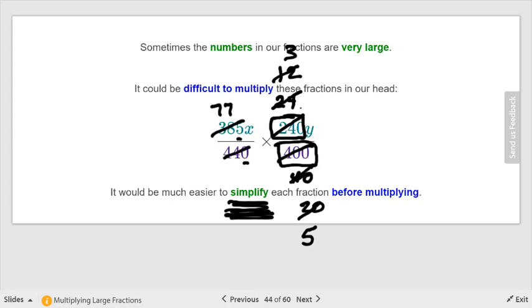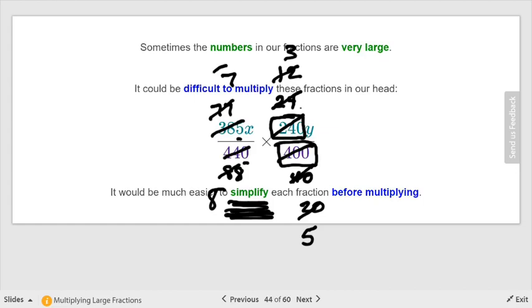And 440 divided by 5. Remember, whatever you divide the top by, you have to divide the bottom by the same thing. 88. 77 and 88 should ring a bell. 7 and 8? No, close. 11. Anytime you have doubles, that means 11, right? Sorry, 7 and 8 is what you get after dividing. So you were right there, but they would both divide by 11.